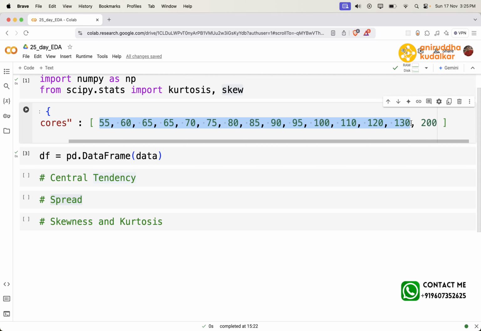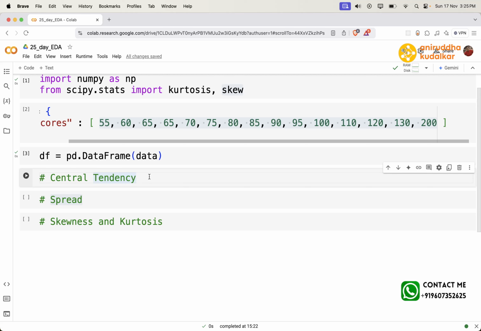For a skewed distribution, or when there is a concern about outliers, the median may be preferred. Mean, median and mode: these three things we will do.